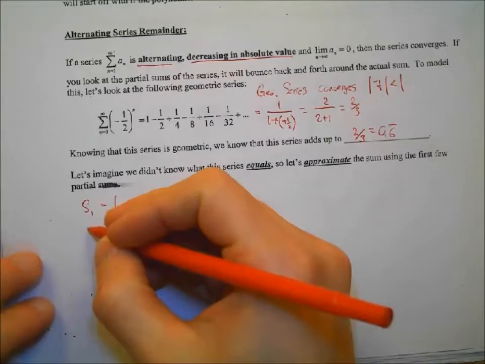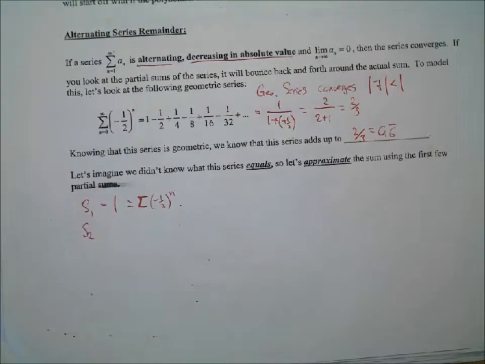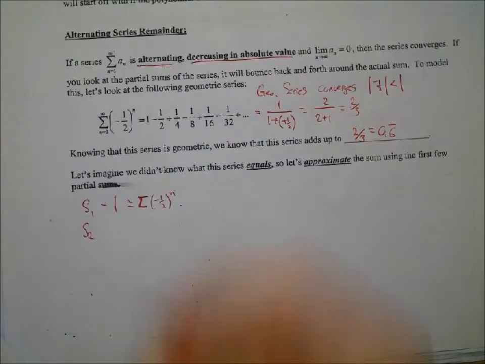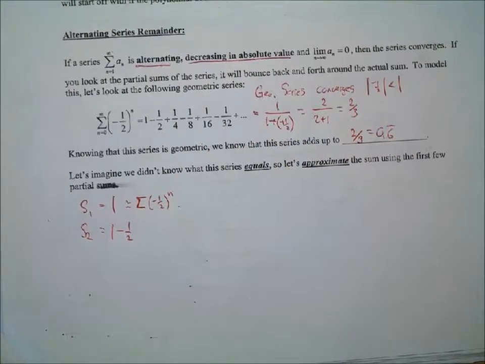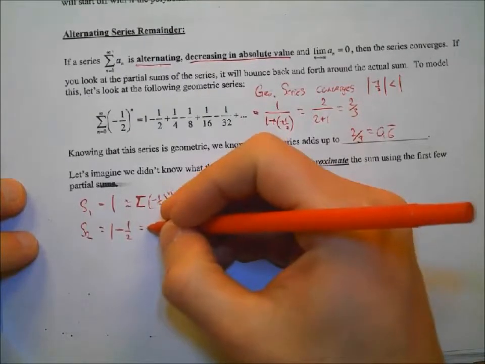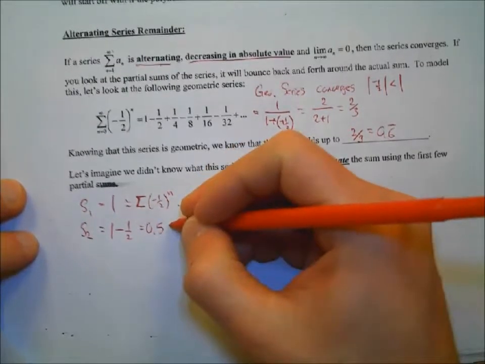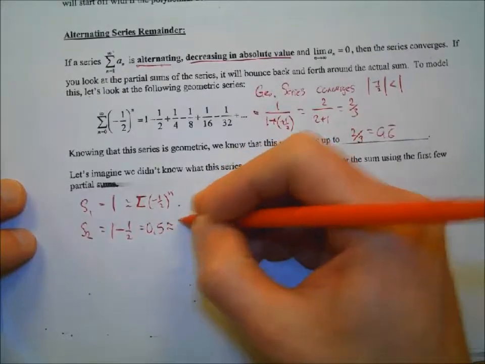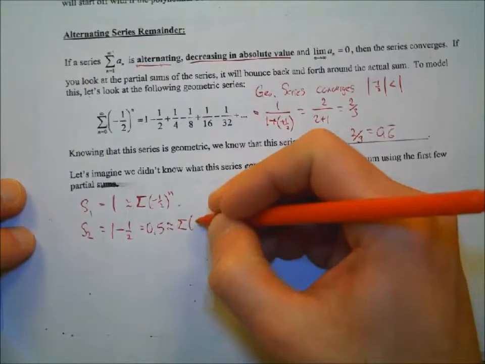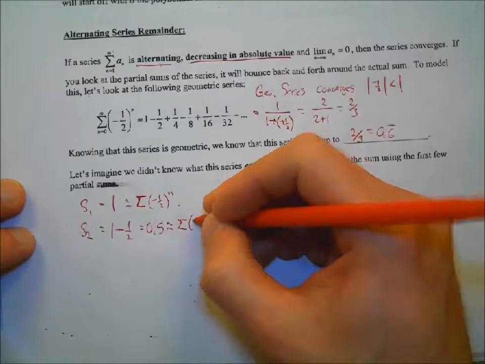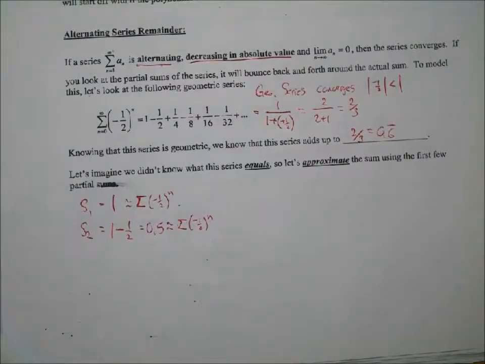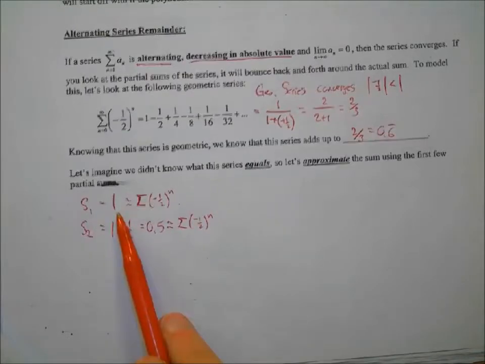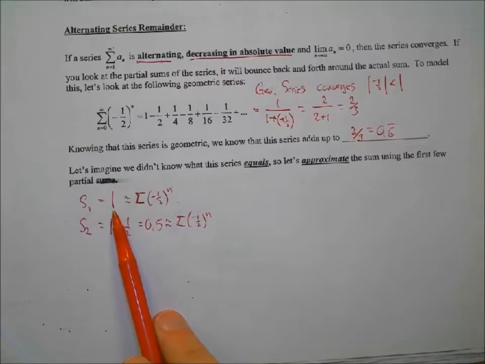Now let's do the second partial sum, which is 1 minus 1/2, equal to 0.5, which again is an approximation of the sum of (-1/2)^n. Now our first partial sum, how far off from the actual value was it?